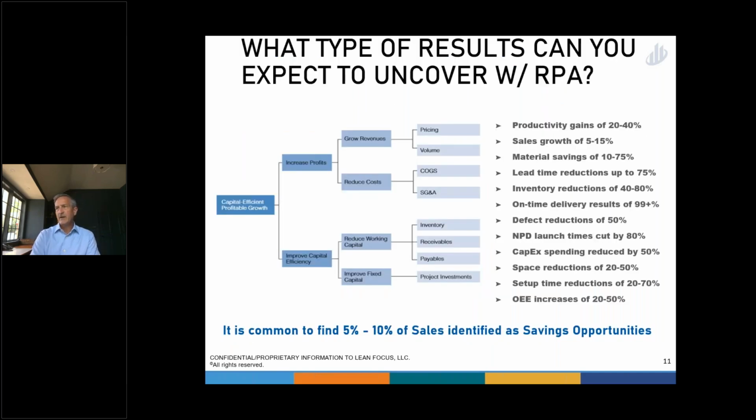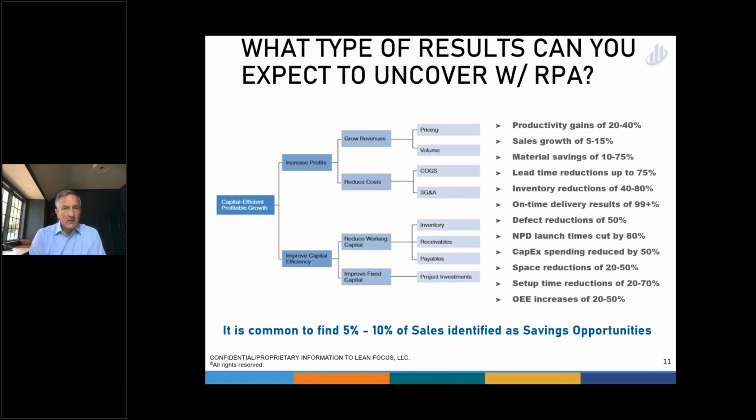One of the key questions that everybody wants to know and consider is, what kind of results can you expect to uncover within RPA? RPA is rapid plant analysis. It depends on what the focus is and what the needs are of your business.